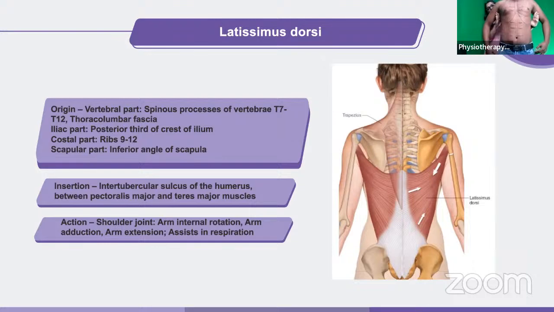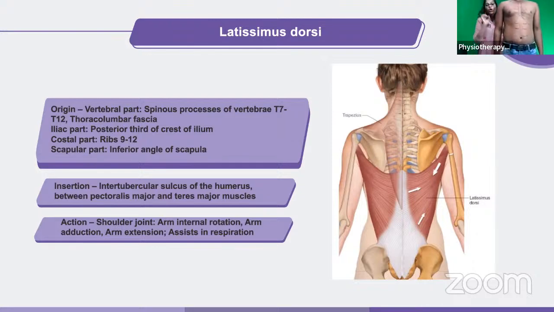Now, when this muscle contracts, it will cause internal rotation like this, because I'm crossing the midline and coming like this. It will rotate like this. So when it contracts, it will cause internal rotation, arm adduction, that is this movement, and arm extension. So latissimus dorsi has three functions.